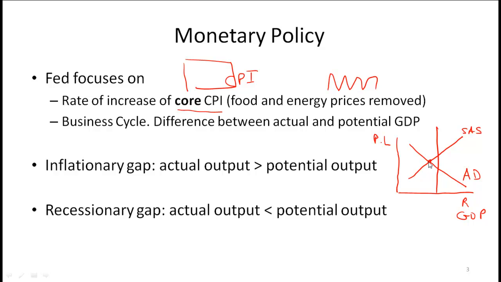If this here is the actual output, in this case the actual output is less than the potential output, so we have a recessionary gap. When the actual is greater than potential, then we would have an inflationary gap. So the central bank wants to minimize these gaps, and if we are in a recession, the central bank would want to push us to the right. If we have an inflationary gap, the central bank would want to push us to the left.